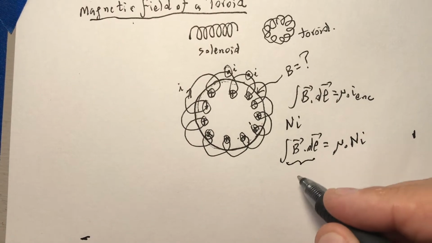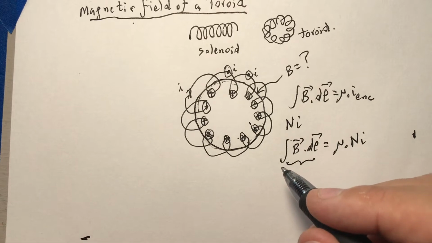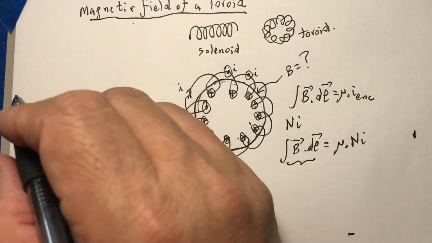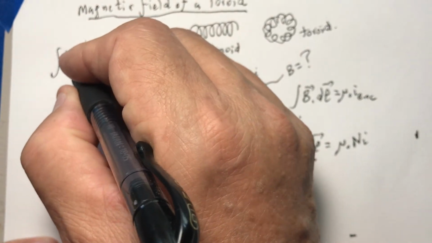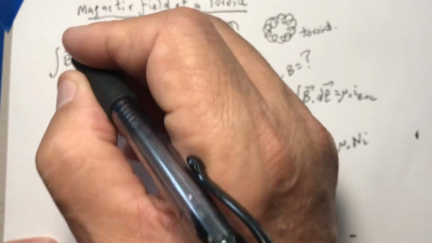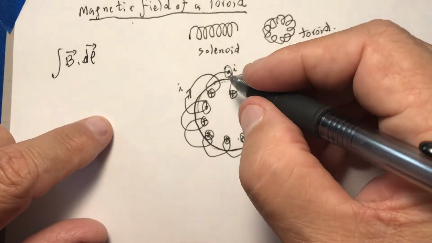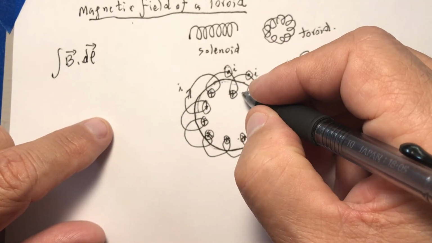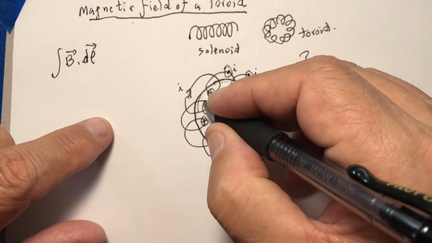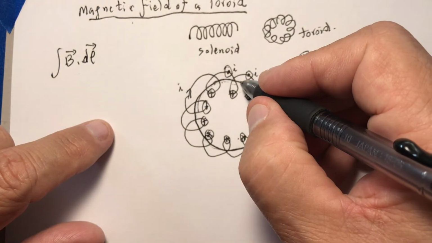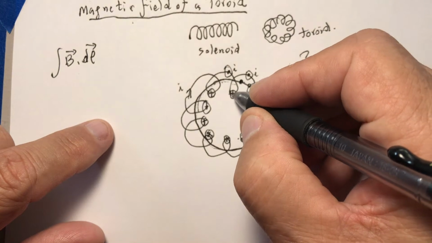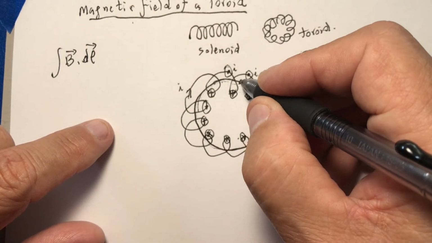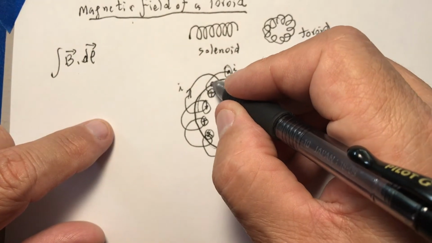Now we need to tackle the left side. I put B dot dl. Since we have the same current in the loop, and we try to find the B field there, these currents are the same distance from where I want to find the B field. See?